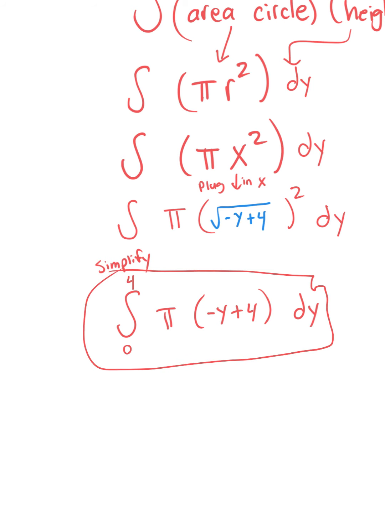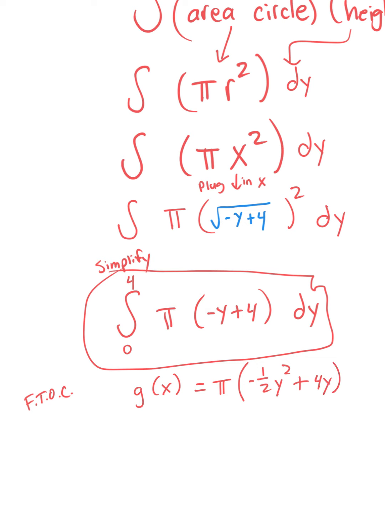We solved that using the fundamental theorem of calculus. So for our antiderivative, pi comes along for the ride and it gets distributed. These are two power rules. The antiderivative of negative y is going to be negative y squared over 2, so negative 1/2 y squared. And the antiderivative of 4 is 4y.